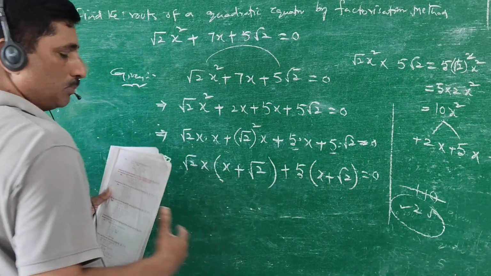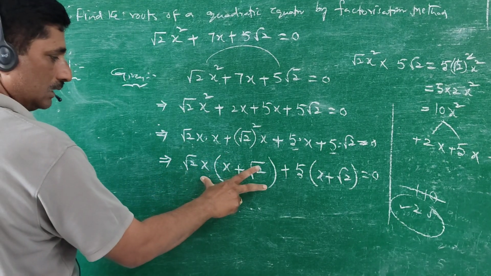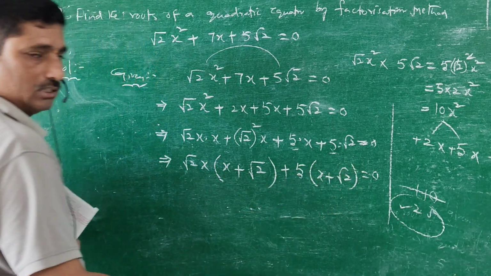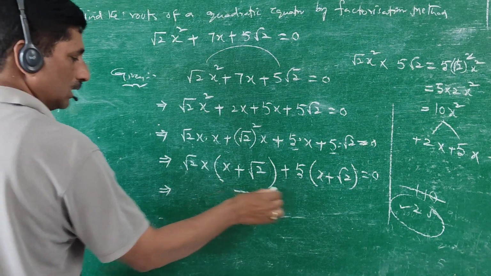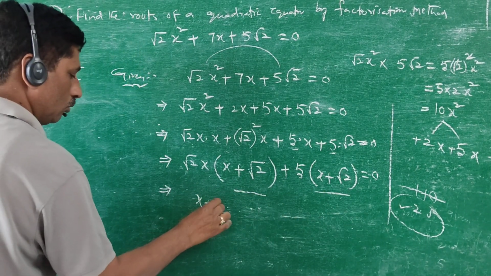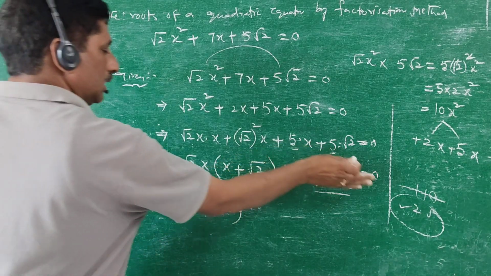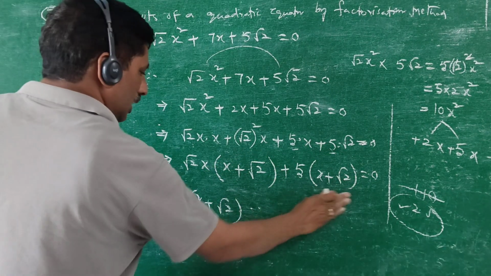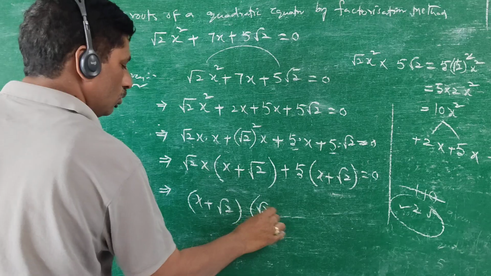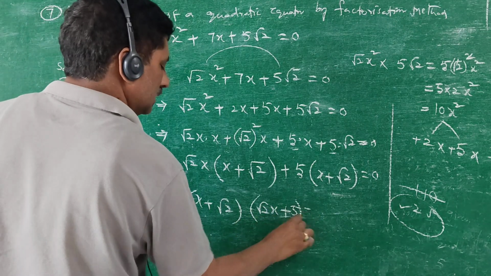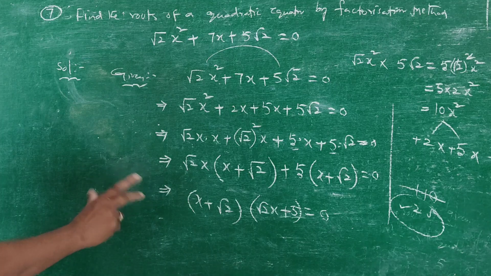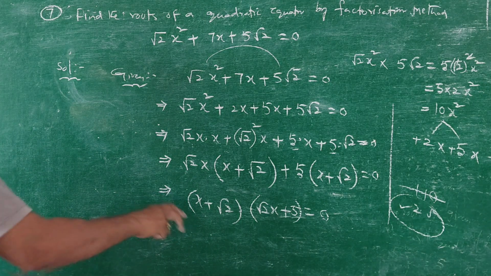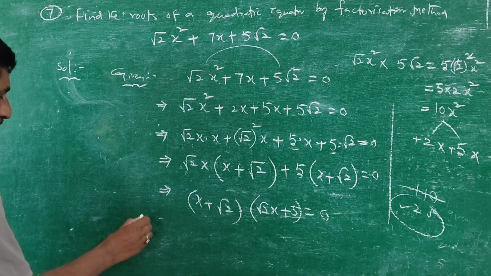Now in this whole expression, I make it two terms like this: up to here one term, and this one is another term. In those two terms, the common term is x plus root 2. I take x plus root 2 common. The remaining term is root 2x plus 5, equals 0. Now this product is equal to 0, which is the zero product rule. Now I have to equate each factor to 0.